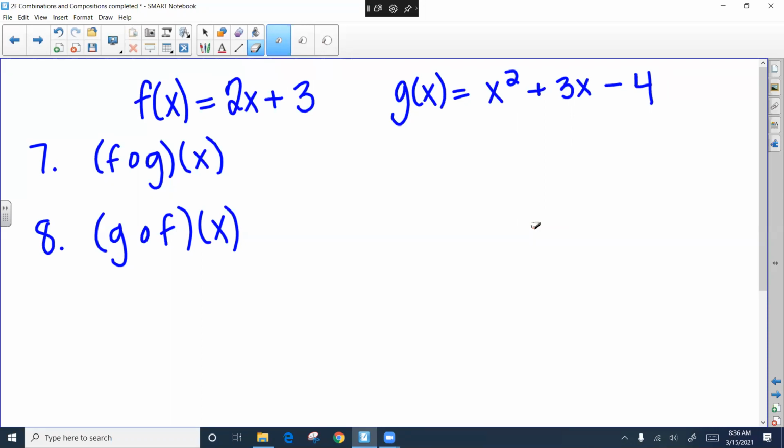Now notice here there's 2 places. So here's our function x squared plus 3x minus 4. But for x, it looks like 2x plus 3 squared plus 3 times 2x plus 3.